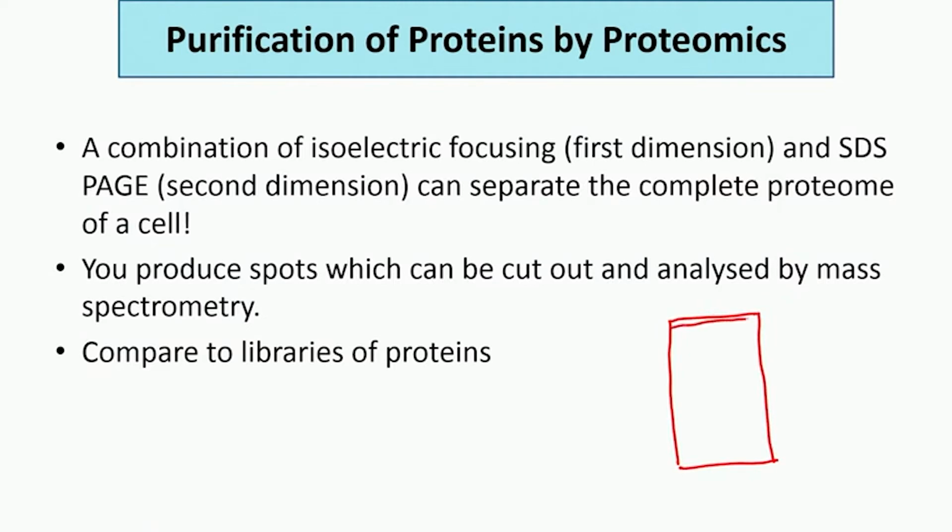Here the gel has a pH gradient. That means the pH slowly increases from say here to there. The pH of the gel, there are ways to do that. So, the pH of the gel slowly increases from say top to bottom. Okay. And now what you do, you apply your protein solution, and they will move.